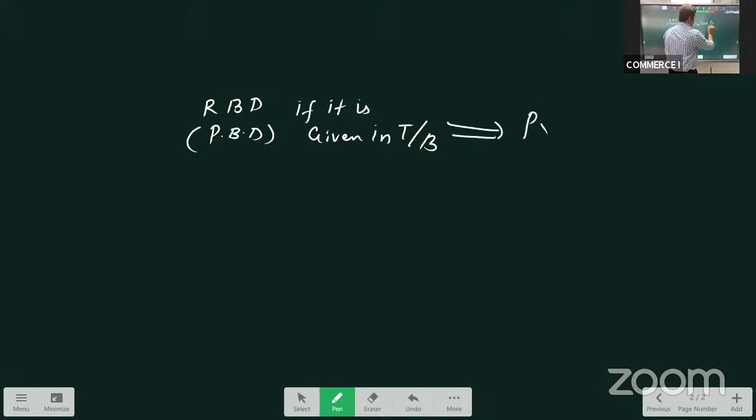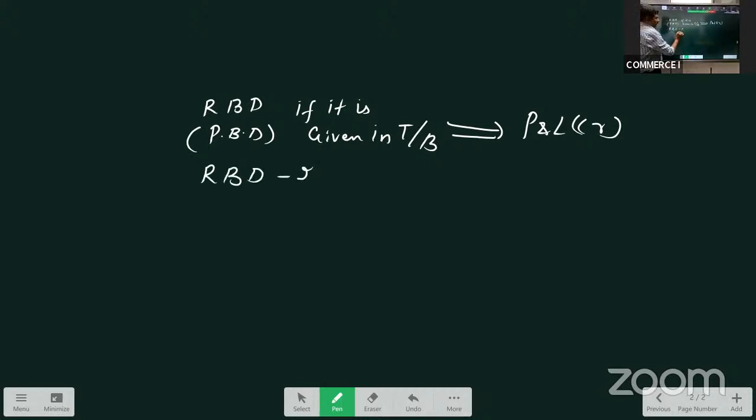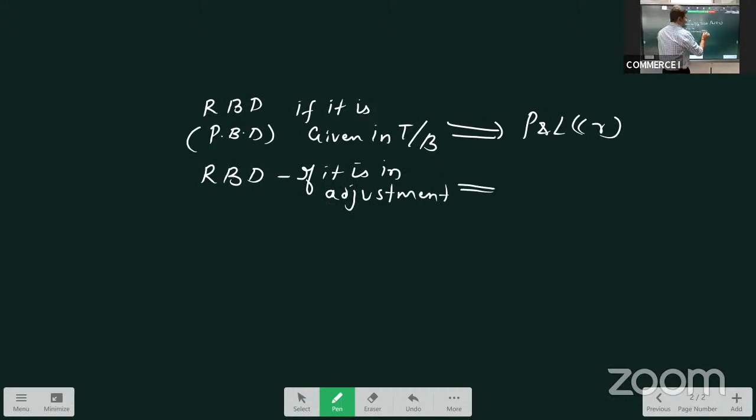Then you also take it on the credit side of the P&L account. And the provision which we have to create as an adjustment, reserve for bad debt, if it is in the adjustment, then take it to the P&L account, debit side.